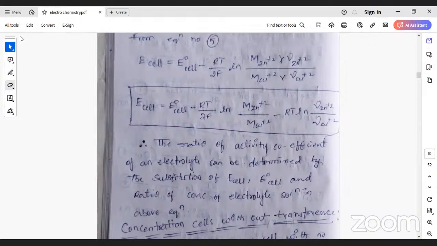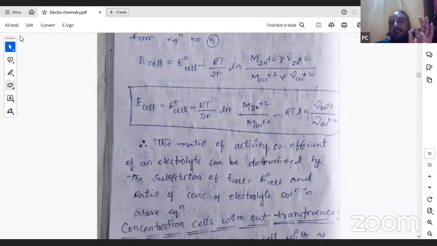Only one simple concept will be there. This formula is a standard, sir. Yeah, Nernst equation is the standard one. The entire concept will be explained with the help of Nernst equation only. You have to practice the Nernst equation. Any reaction will be there, either oxidation or reduction or redox reaction.